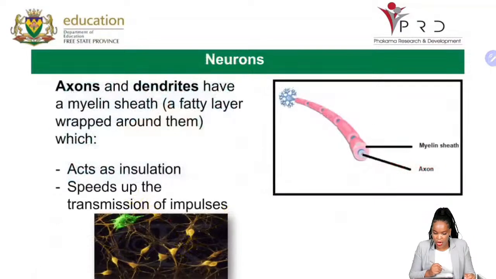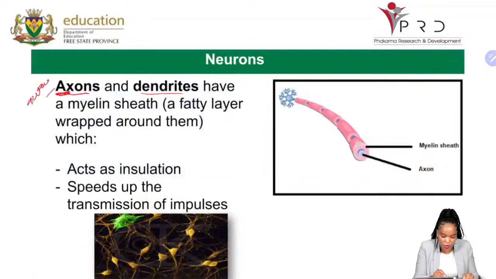So let us take a look at neurons. They have axons and dendrites. Remember, axons carry impulses away. You are going to remember this because it's A and it's A. Away from what? From the cell body. Dendrites carry impulses to the cell body.